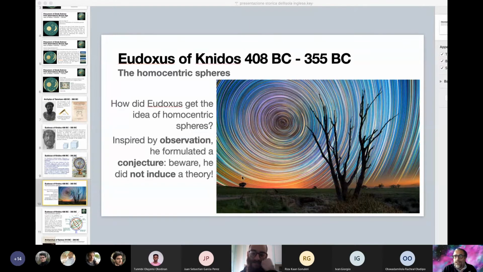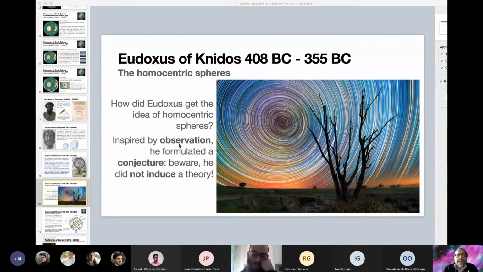If you go in a desert in Australia and you place your camera in a certain position and you wait for a long period, then you can shoot this picture. Look, this is not a painting. This is a picture. And these circles are the tracks of the stars as observed from the Earth. Okay?